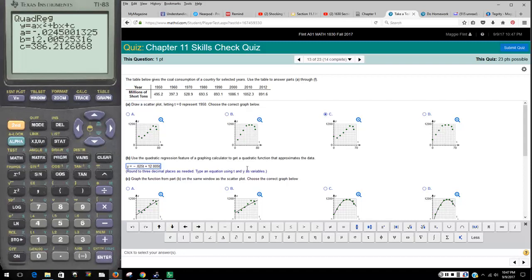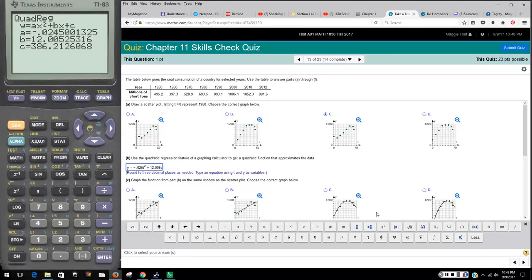Oh, I left out my exponent, sorry. That's supposed to be t squared. And then plus 386.213. That's your regression equation.